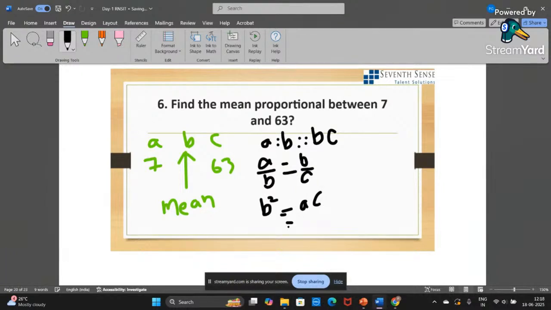So next step, just substitute the values here. 7 into 63. We need to find B value, not the B square value. Just remove the square and put the root over here. Root of 7 into 63.